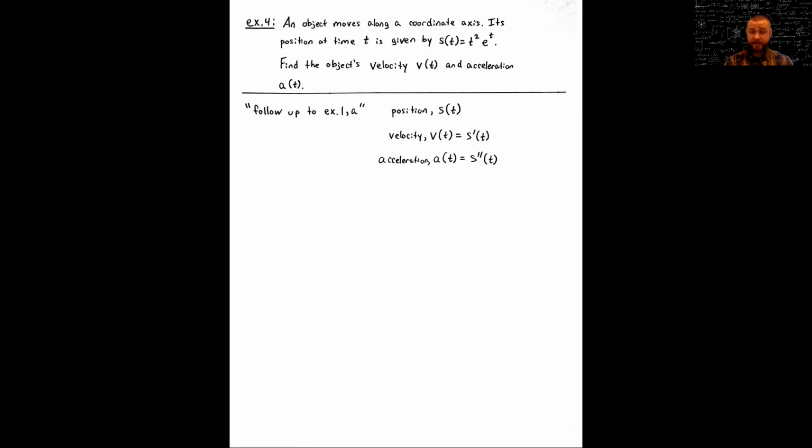So I'd like you to make an attempt at this. We're just changing the variable from x to t. We still differentiate using the power rule. And the derivative of e to the t is still e to the t. We're just using a different independent variable, t, instead of x.